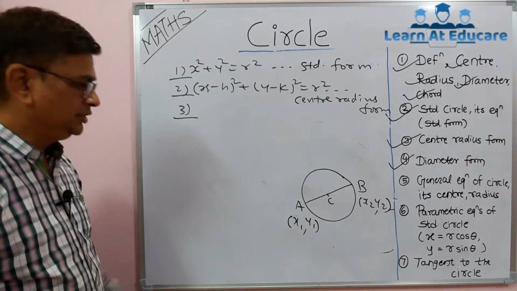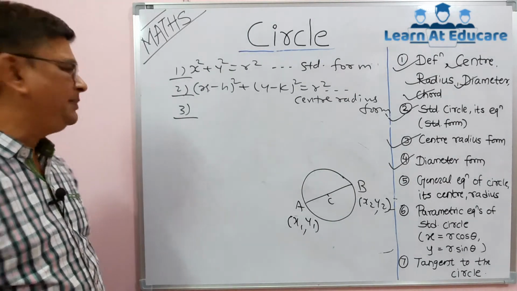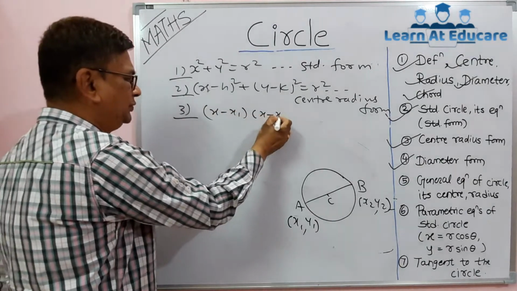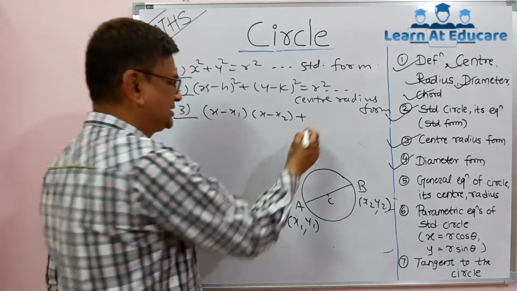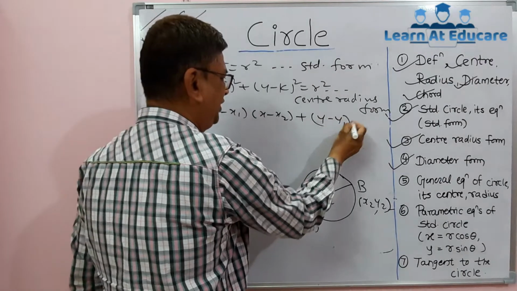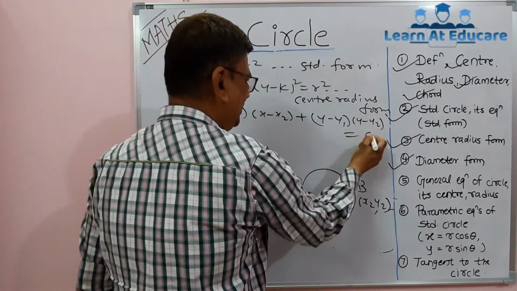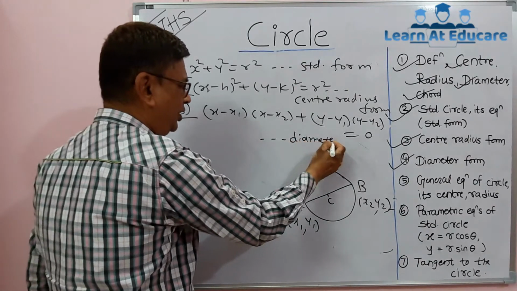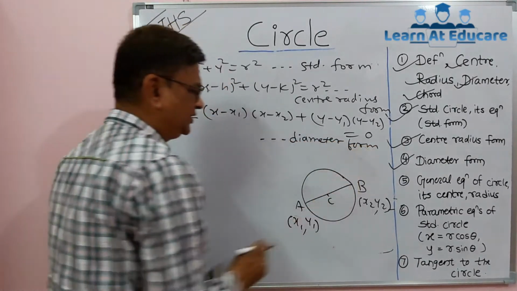Then the equation of the circle in diameter form is like this: (x minus x1) into (x minus x2) plus (y minus y1) into (y minus y2) is equal to 0. This is what is called the diameter form of the equation of a circle.